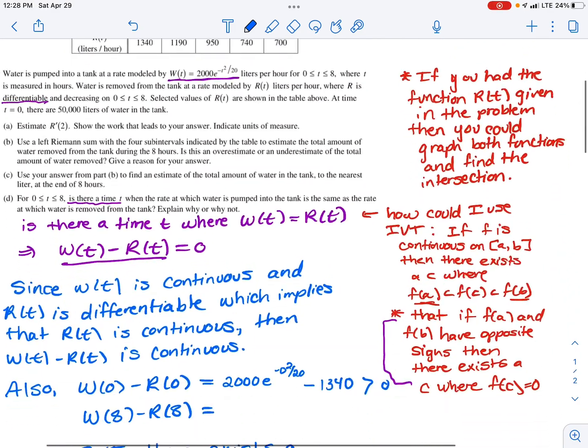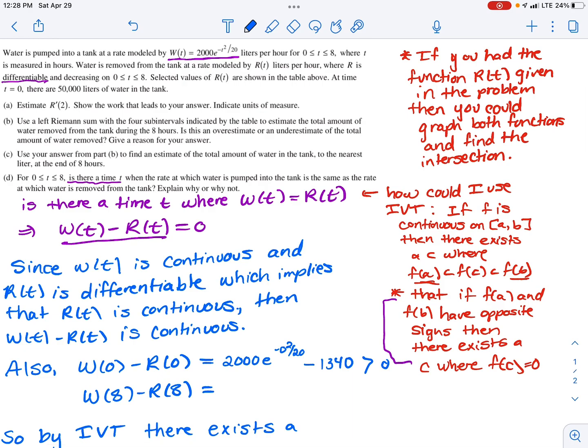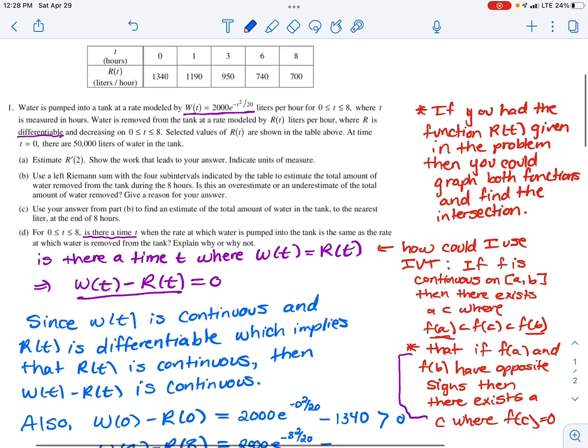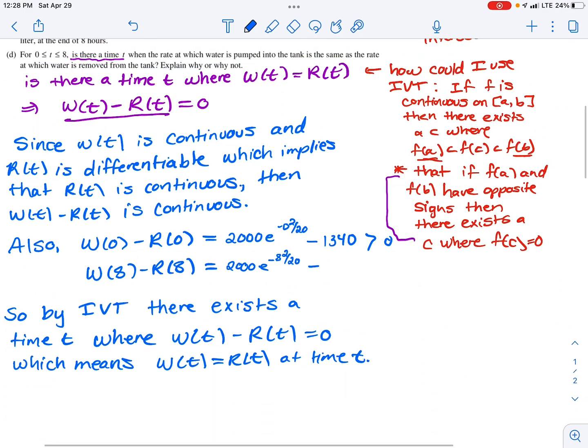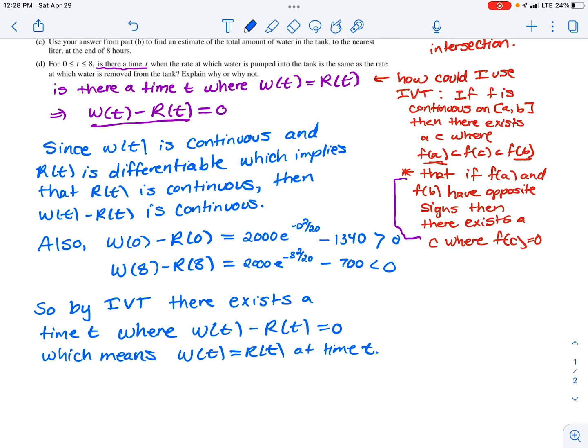And then w of 8. So this is going to be 2,000 e to the negative 8 squared over 20 minus whatever r of 8 is, which is 700. I'm guessing that this is negative. And so then that means by IVT that there exists this.